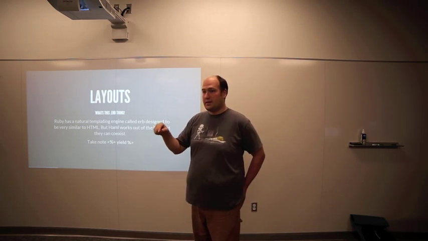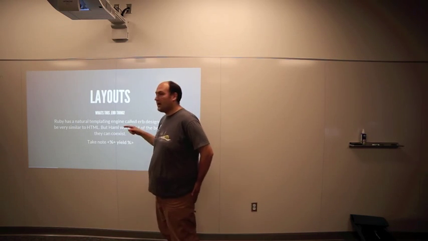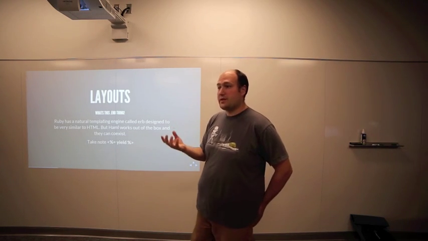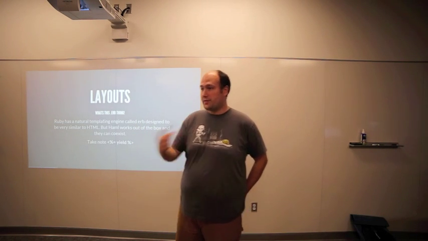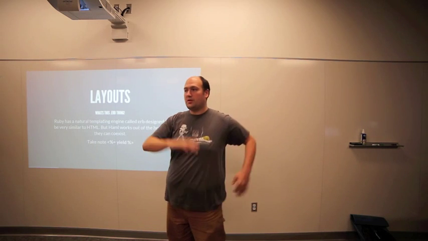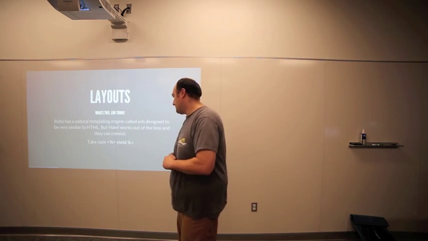Haml comes baked into Middleman. It's already ready to work. And what's even cooler is that ERB and Haml can coexist. So even though your project was bootstrapped and came with ERB files, we can write new Haml files and they can live with the ERB files. We can replace the ERB files with Haml files. It's all good, right? This is not something that's going to keep you from moving forward.